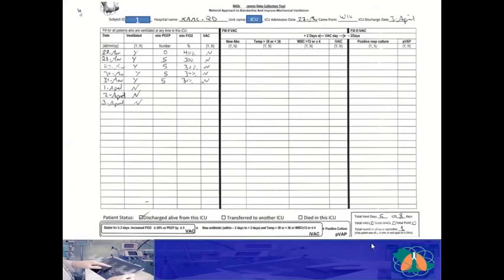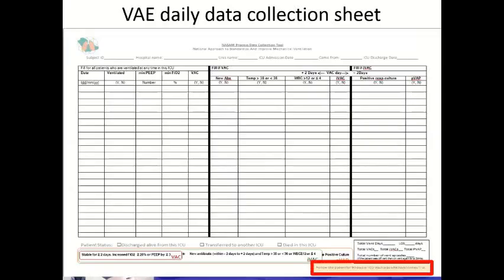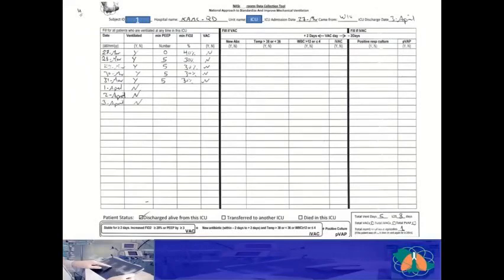The total number of ventilator episodes is 1. Each patient you use this form for will have 1 episode of mechanical ventilation, which will be explained more in future slides. The outcome of this patient was discharged alive from this ICU.